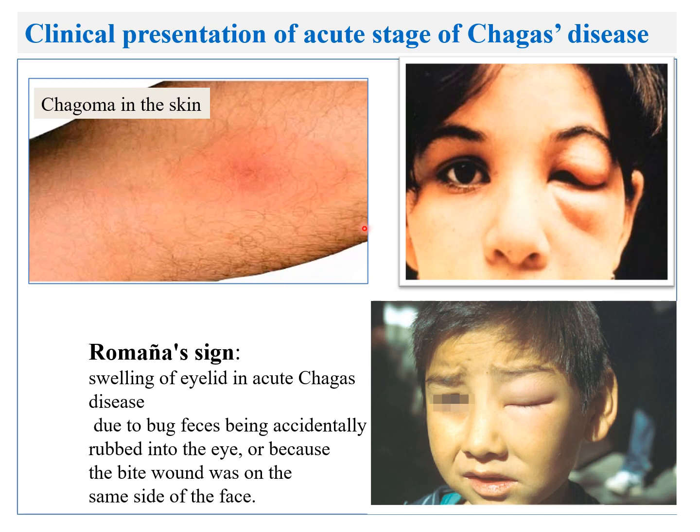If a chagoma happens in the face, it is called Romaña's sign, which is swelling of the eyelid, either because the patient has accidentally rubbed feces that contain the protozoa into his eyes, or because the triatoma bug had bitten him near the eye. As I told you before, triatoma is sometimes called the kissing bug because in most patients it tends to bite them in their faces.